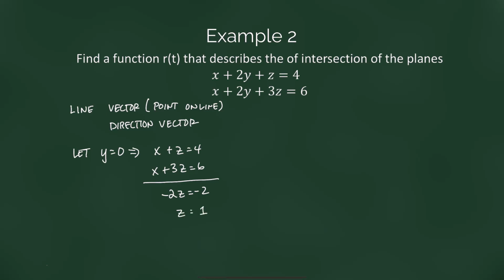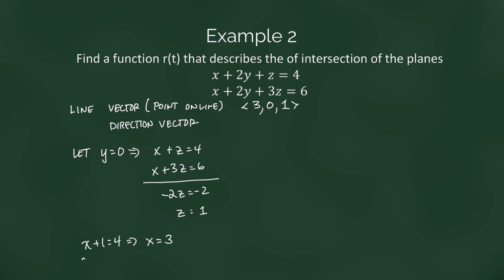So now we have that y is 0 and z is 1, and if we plug that in, we get that x plus 1 is equal to 4, and so that tells us that x is equal to 3. If we use the other equation, we also get that x plus 3 is equal to 6. So either way, we see that x is 3, which gives us that the point on our line, or our starting vector, is going to be the vector 3, 0, 1.